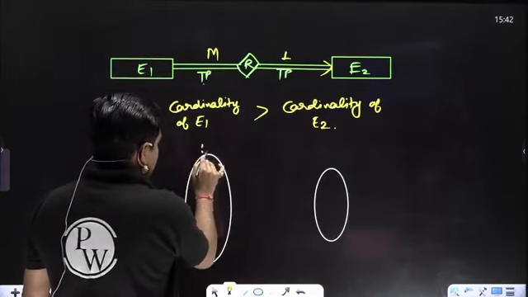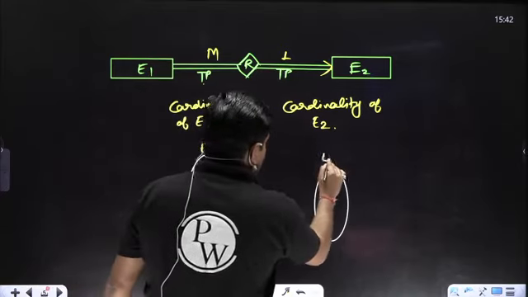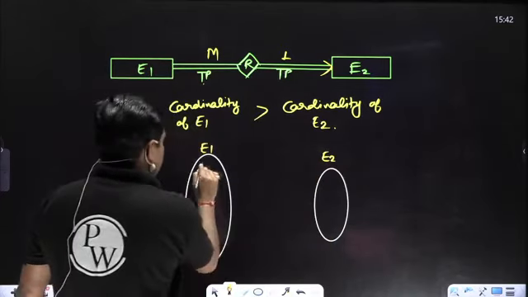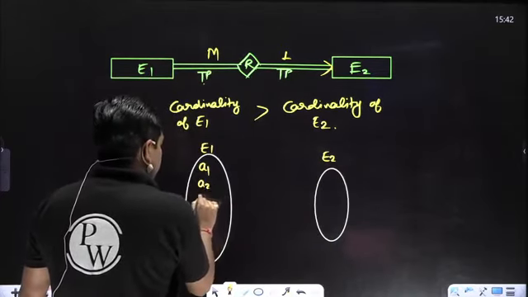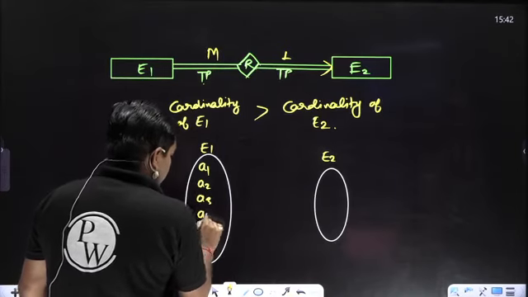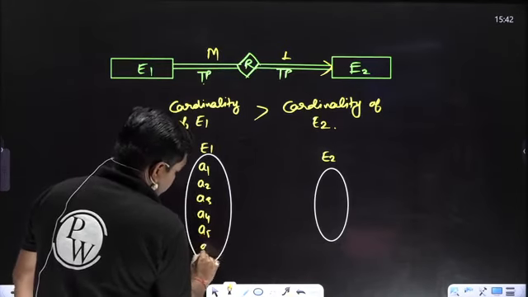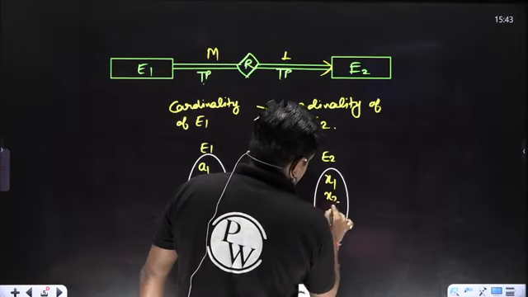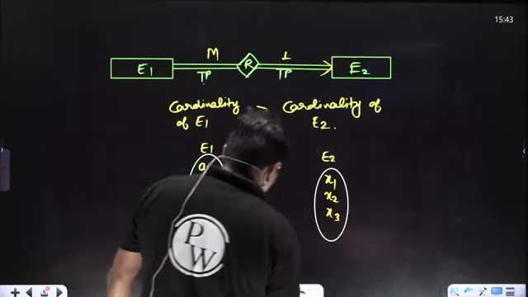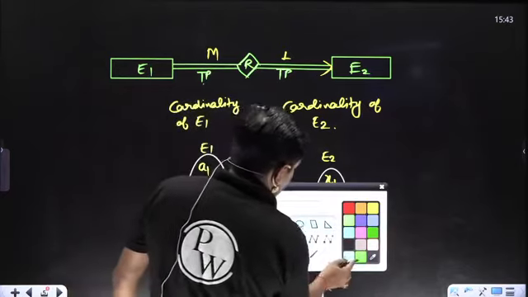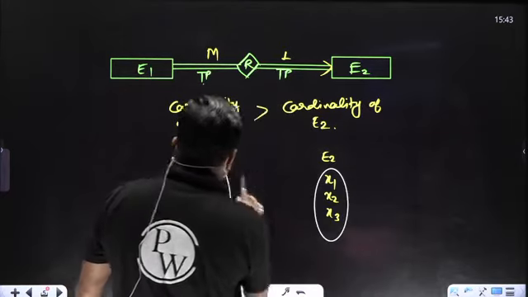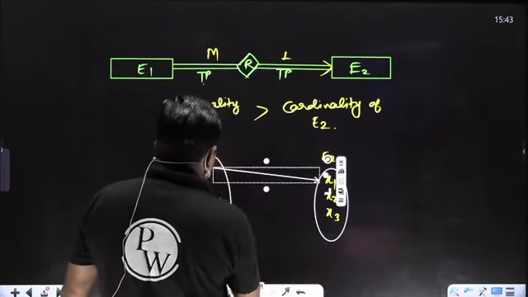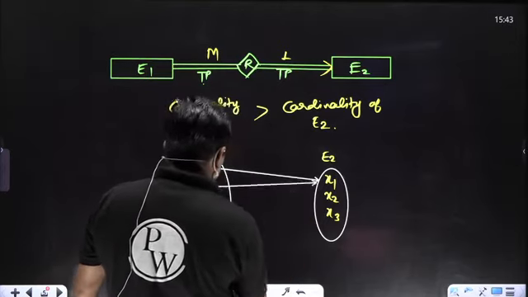We have one entity set E1 and another entity set E2. Let us assume E1 has A1, A2, A3, A4, A5, A6, and E2 has X1, X2, X3. Clear? And it is many to one. Many to one means many entities are associated with one entity.